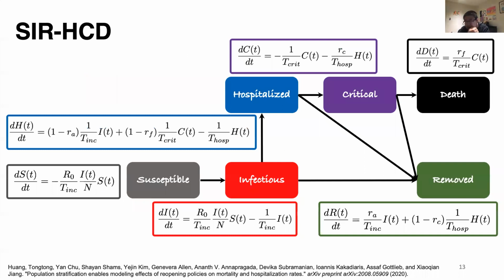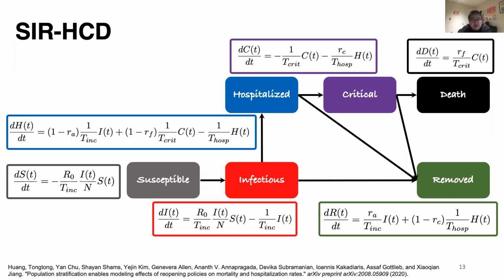There are also other researchers who further extend this SIR or SEIR model by taking into consideration hospitalization, critical condition, and death. Here, R0 is actually a dynamically changing reproduction number.